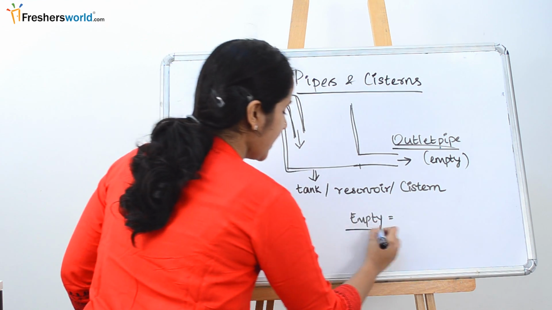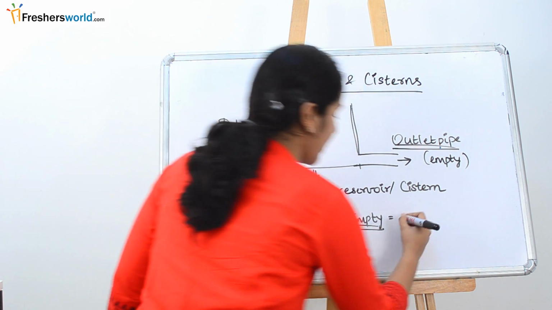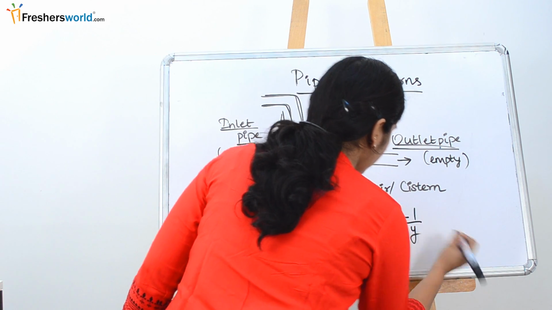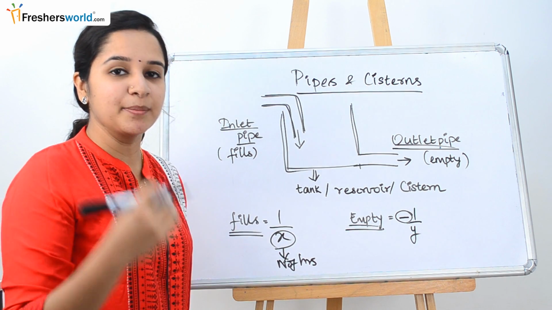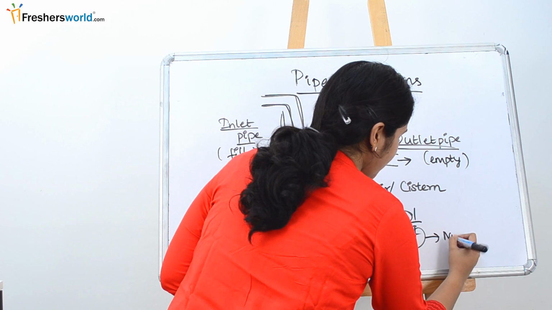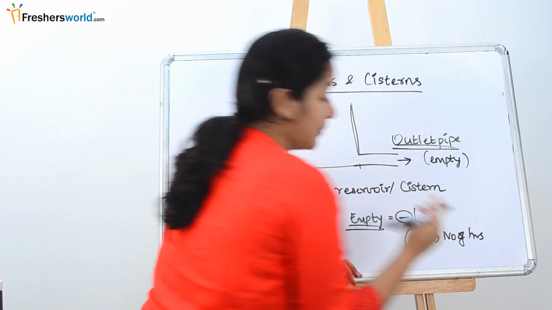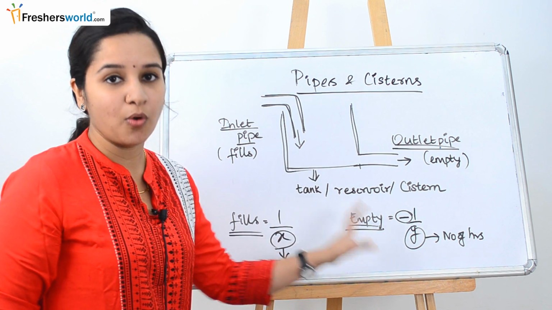Similarly, emptying or leakage can be denoted as minus of 1 by y. Minus comes here because it is a leakage or it is emptying the water in the tank. y is the number of hours taken to empty the tank, or for the leakage pipe to leak all the water from the tank.